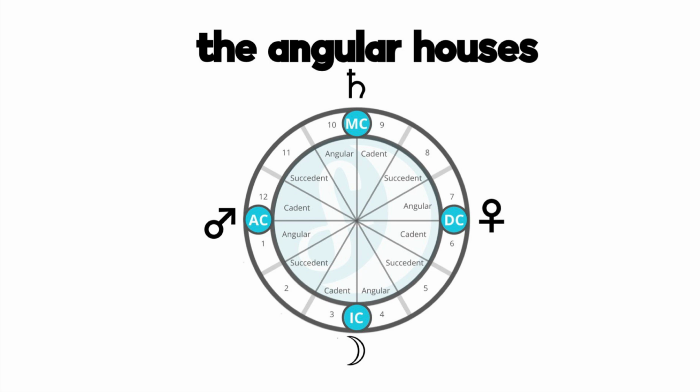So I started with learning about the signs themselves. I got this book when I was 12, and it was called The Only Astrology Book You'll Ever Need. And that's where I began my journey. So I learned about the signs.